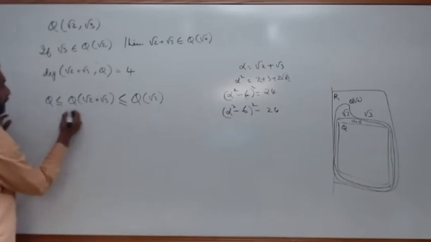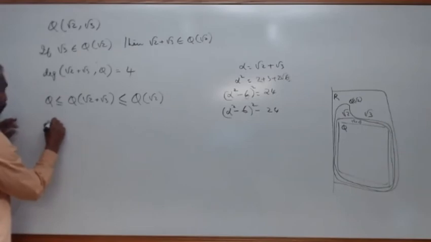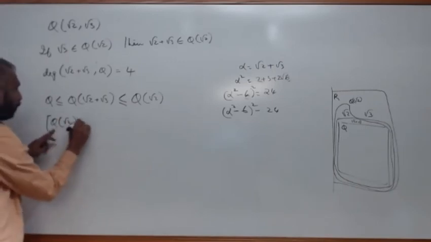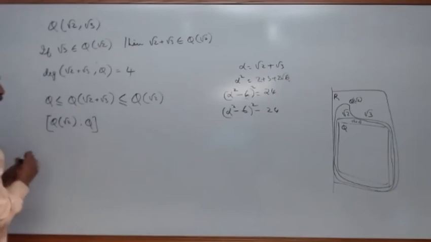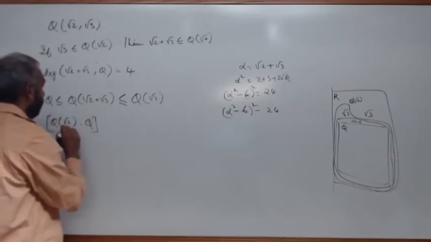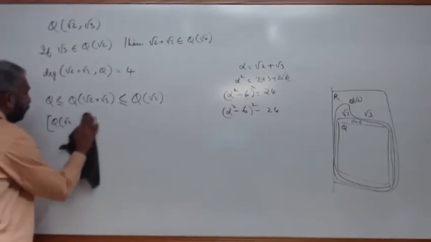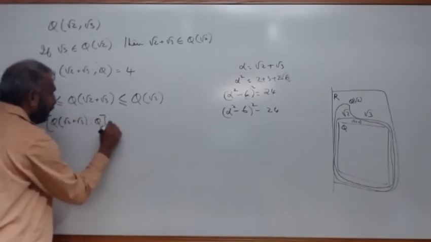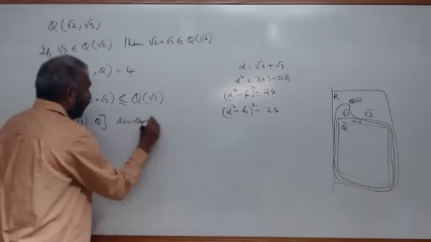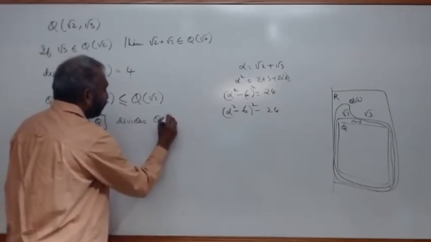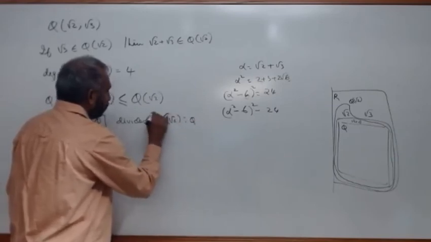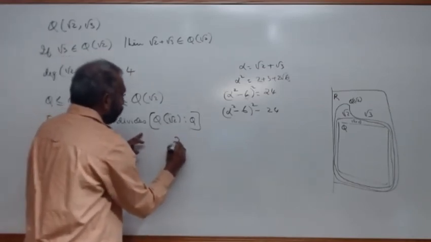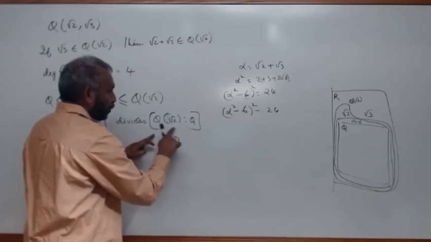And this means that the degree of Q(root 2 plus root 3) over Q divides the degree of Q(root 2) over Q. This is actually 4 and this is actually 2, because the irreducible polynomial is x squared minus 2.